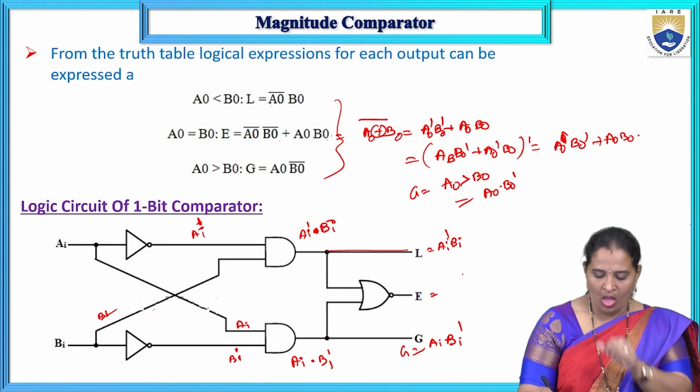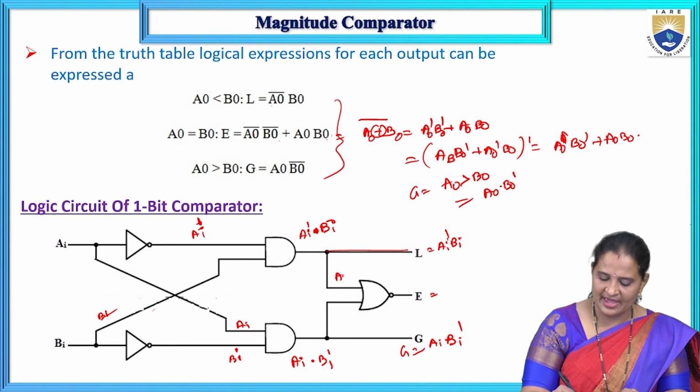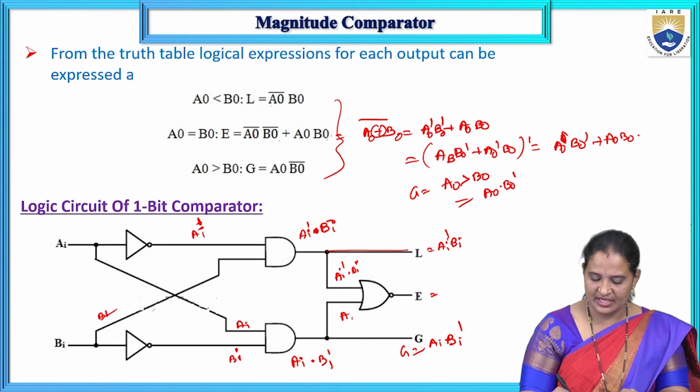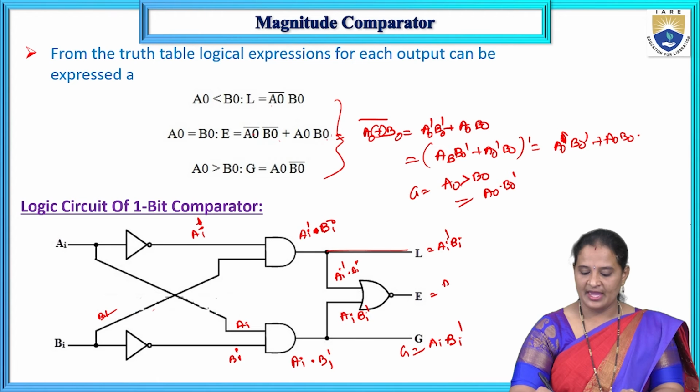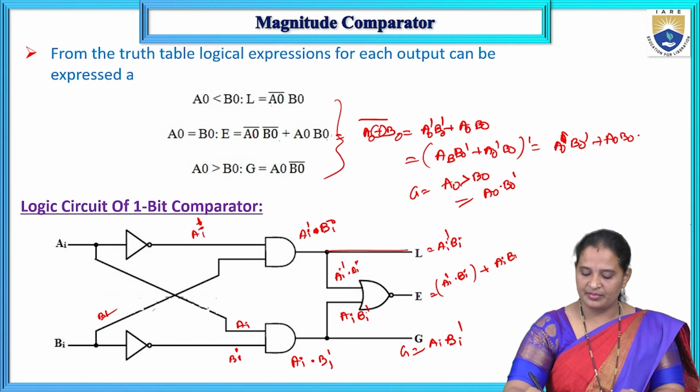Coming to equal to, what are we getting? AI complement into BI, and AI into BI complement. Now the NOR gate is AI complement into BI plus AI into BI complement, whole complement.